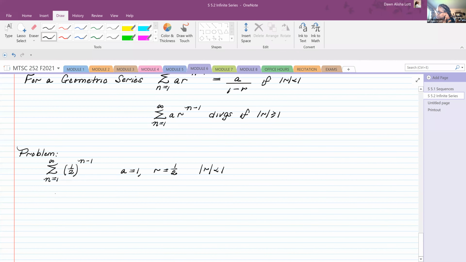And in fact, it's going to converge to a, which is 1, over 1 minus r, which is 1/2. So that's 1 over 1/2, and by golly, that's equal to 2, which is what we got before.